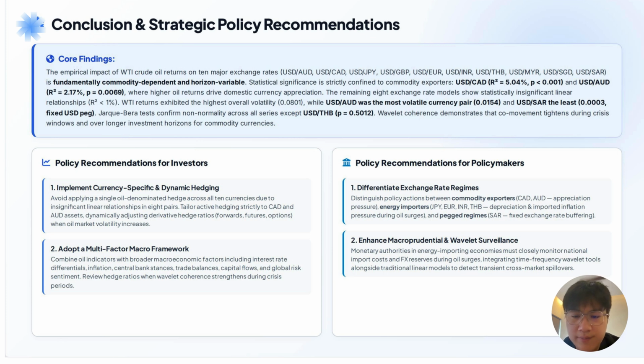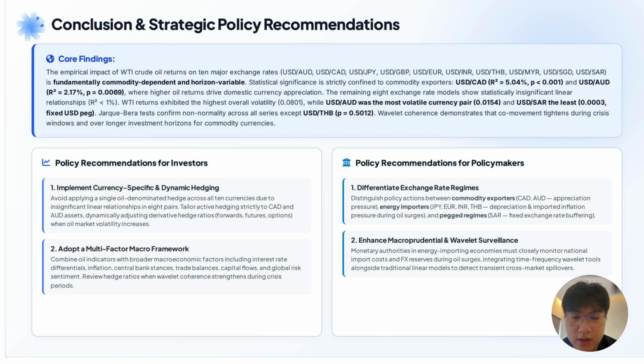And moving to the bottom left container on our slide, this empirical finding translates into two core recommendations for investors and asset managers. First, institutional investors must implement currency-specific and dynamic hedging.